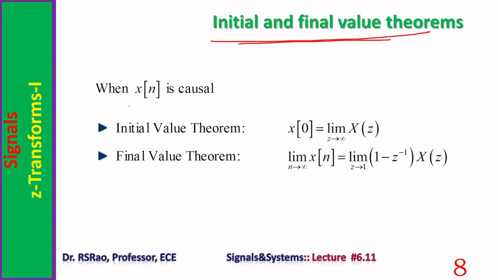When x of n is causal, the initial value theorem states that x of 0 is equal to the limit as z tends to infinity of X of z. The final value theorem says the limit as n tends to infinity of x of n is equal to the limit as z tends to 1 of 1 minus z power minus 1 times X of z. One can notice a lot of similarity between these theorems and the theorems with the same names that appeared in Laplace transforms.